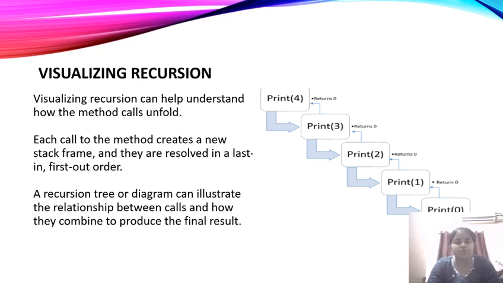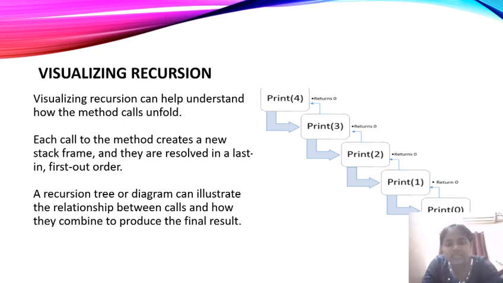Each call to the method creates a new stack frame, and they are resolved in last in, first out order. So visualizing recursion, the method creates stack frames. How they work is last in, first out.